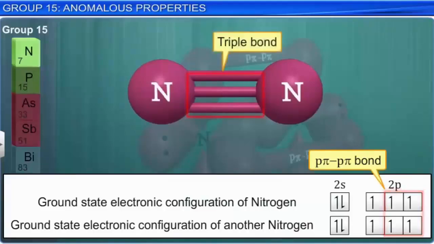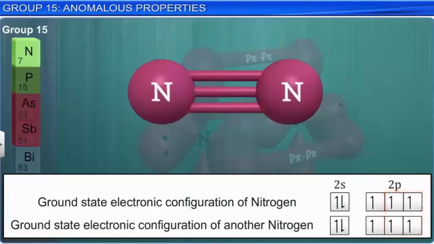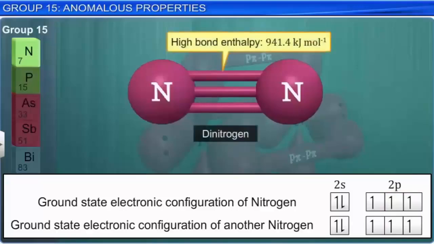You know that this diatomic molecule is dinitrogen. The bond enthalpy of a triple bond being very high, about 941.4 kilojoules per mole, dinitrogen is inert at ordinary conditions.